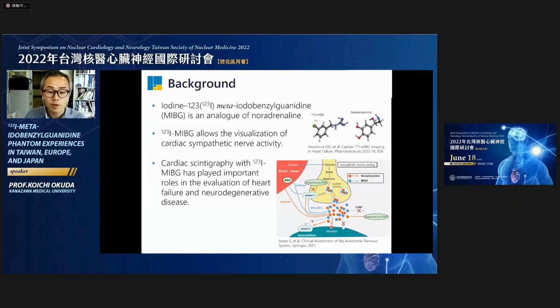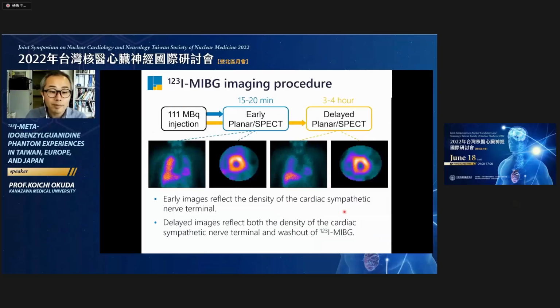Cardiac scintigraphy with MIBG has played important roles in the evaluation of heart failure and neurodegenerative disease in cardiology and neurology, respectively. The MIBG imaging procedure is as follows. After injection of 111 megabecquerel MIBG, early planar or SPECT or both images are acquired at 15 to 20 minutes.